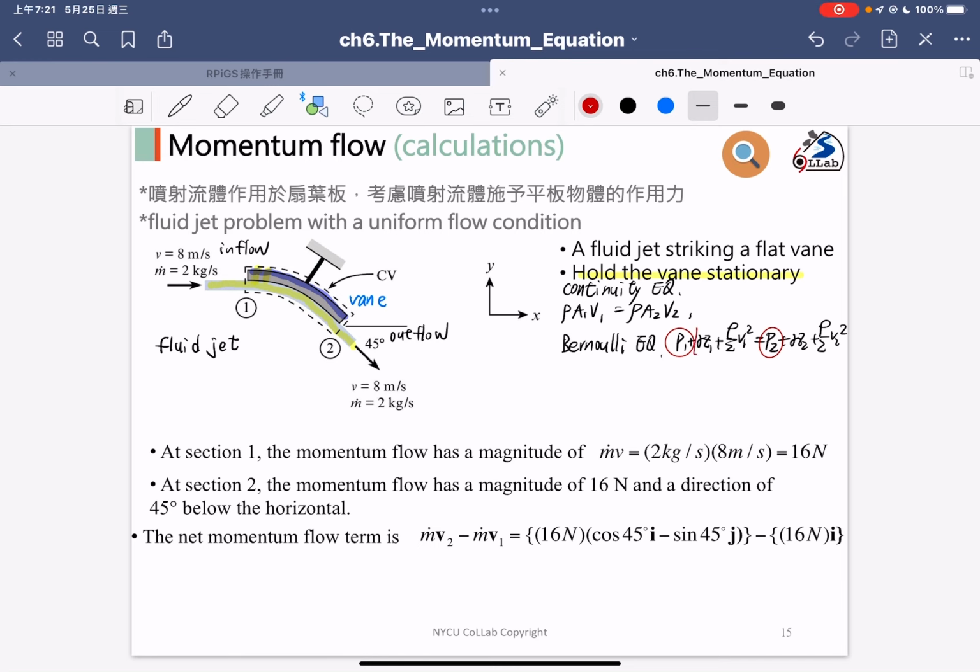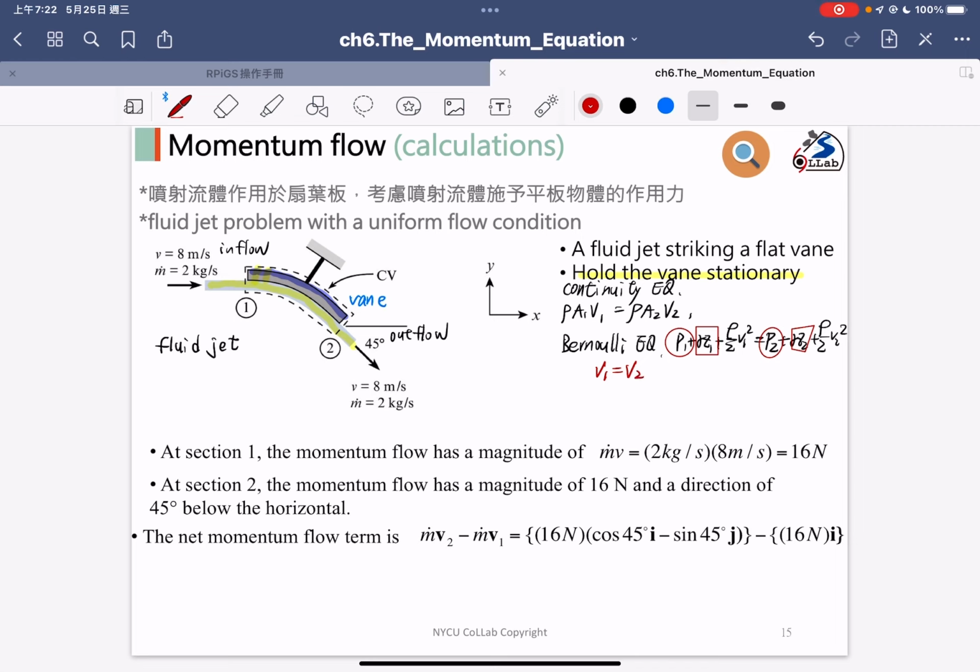So we don't have a significant elevation difference, so we can cancel out the elevation terms in the Bernoulli equation. Finally, if the flow is incompressible, we can conclude that V1 will equal V2 based on the Bernoulli equation.